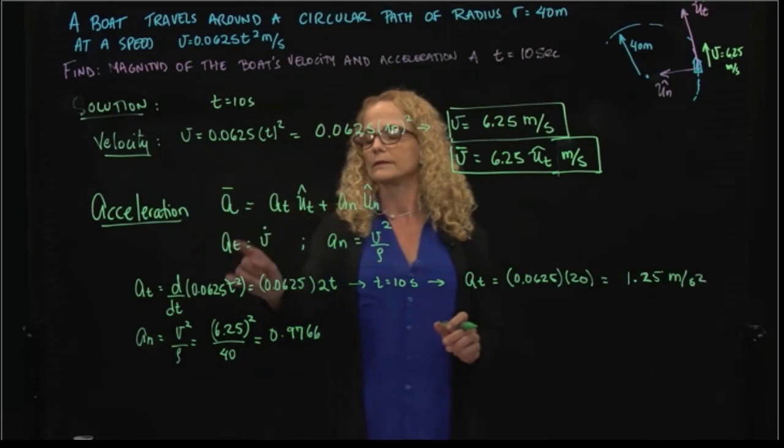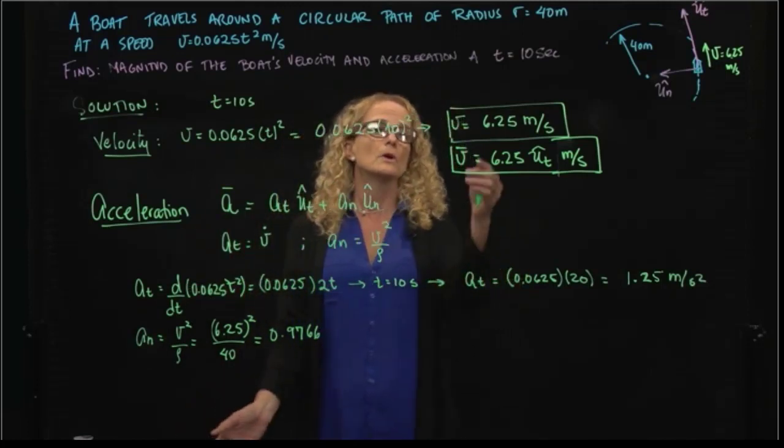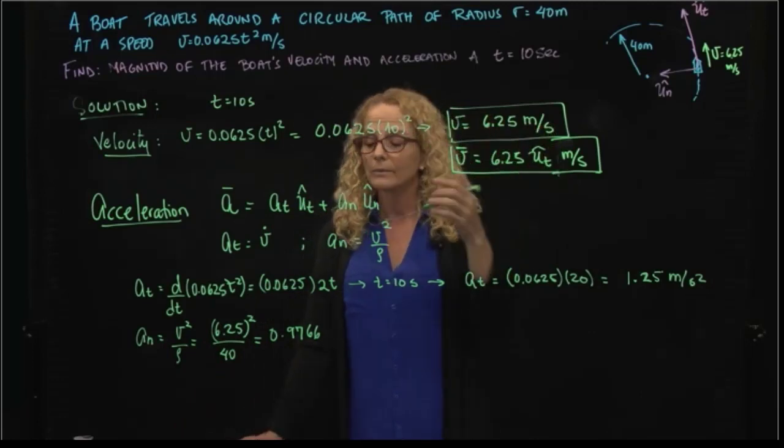Since we already have the tangent component and the normal component, we can write our expression of the acceleration as a scalar or as a vector. To write it as a scalar, we need the magnitude.